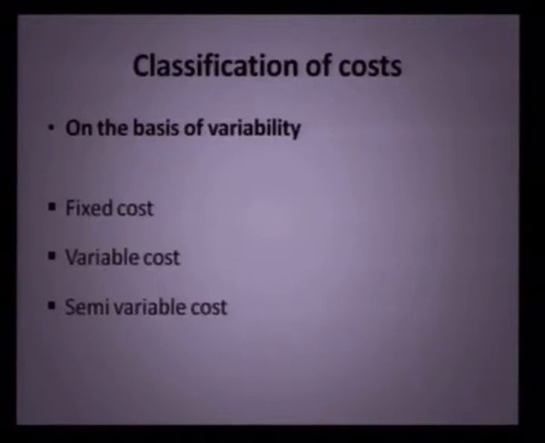Then there are some semi variable costs. As the term says, semi variable, these are fixed to some extent and later on they become variable. Can you explain with the help of an example what exactly we mean by semi variable cost? There are some cases where the cost remains the same up to a certain level.